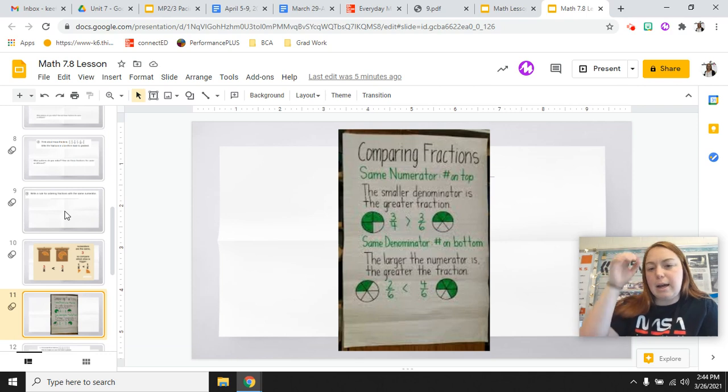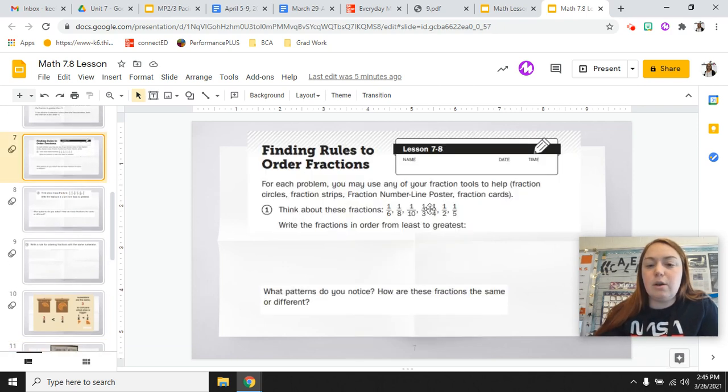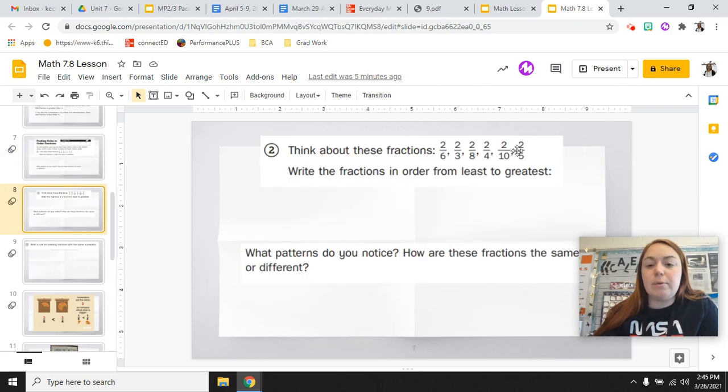So with that in mind, knowing that the smaller the denominator is, the greater the fraction is, I want you to go back and look at your open response problems, and think about your order that you have, okay? So you are ordering these with all of the same numerator as 1, and these all of the same numerator as 2.